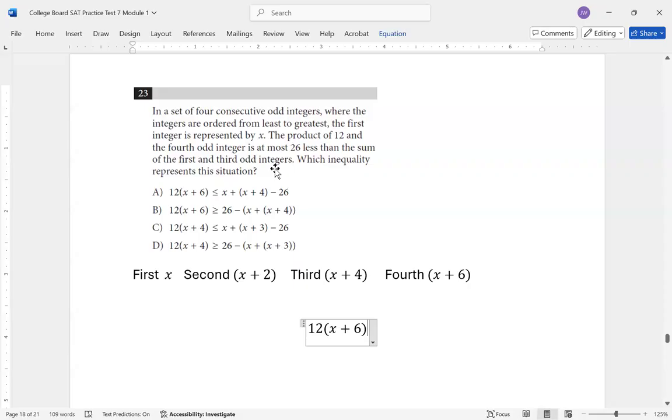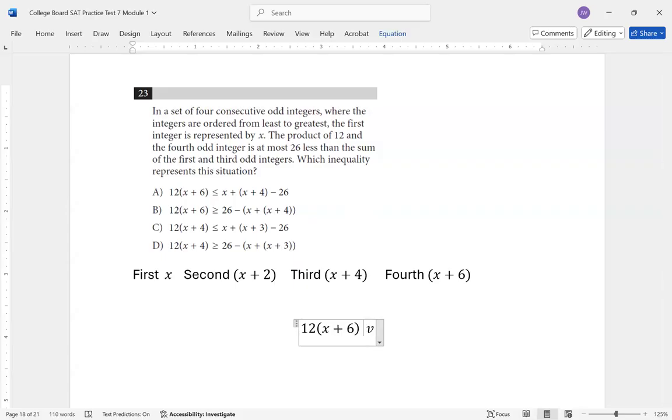Now, we said at most. What's that mean? Well, at most is giving me an inequality. So this is at most, at highest value. The 26 less than the sum of the first and third, whatever this value is, I'm just calling it V for now.